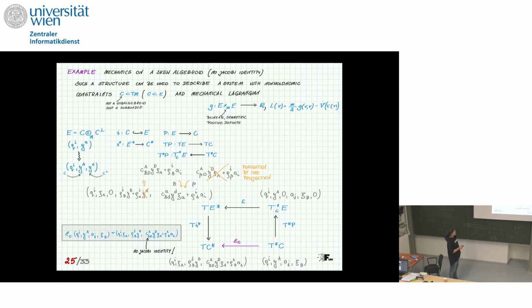So as long as I don't use any Lagrangian, this is very correct, and I apply, and I can construct such an epsilon, and it works. It is a skew algebroid. Those C's, since they are just part of structure functions of the initial algebroid, they lose this Jacobi identity. But the question is, is it useful?